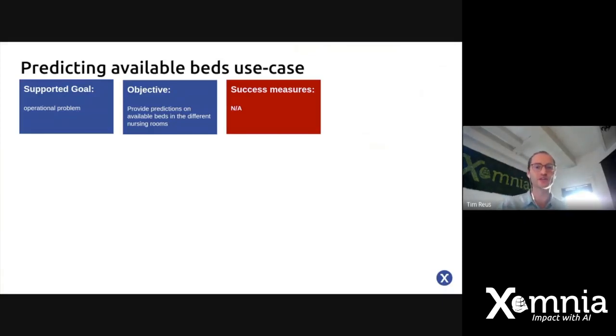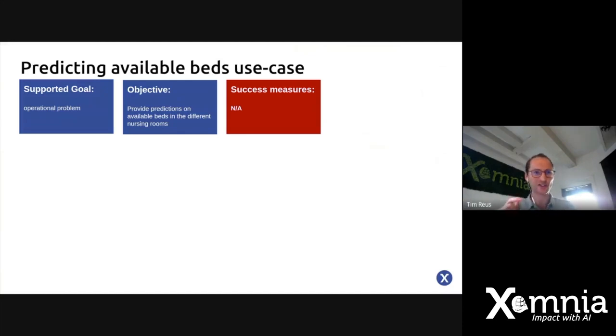This was an operational problem. The planners of the nursing home had no idea when a bed would become available, and they didn't know how to forecast this properly. So the objective was to provide them with predictions on available beds in the different rooms, but also the different buildings that they had in their nursing home.